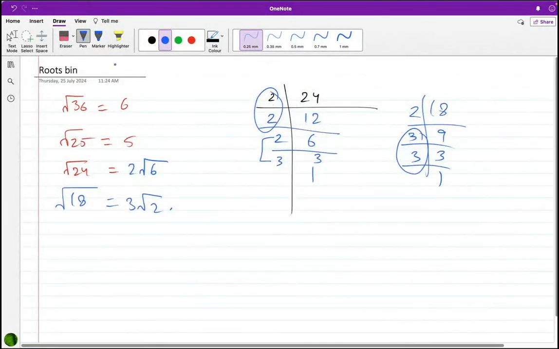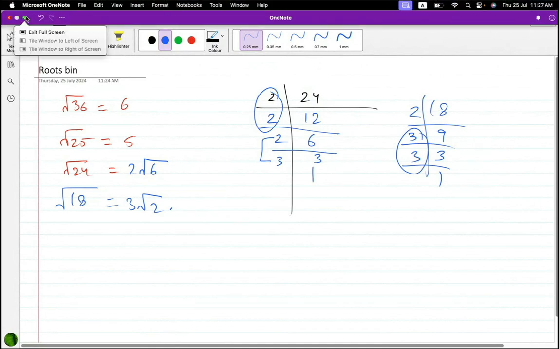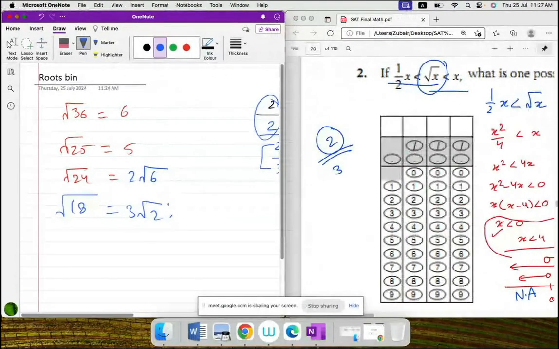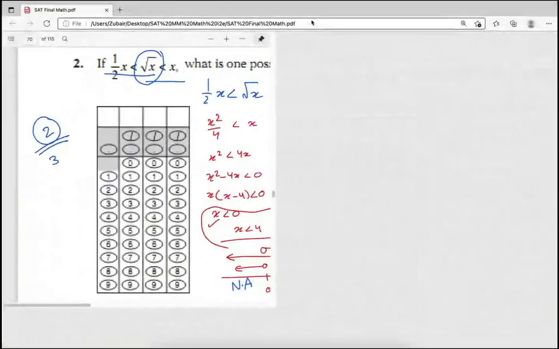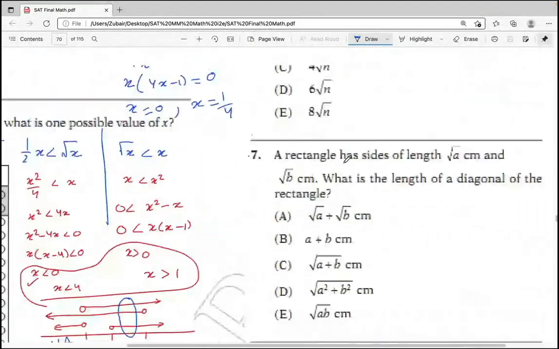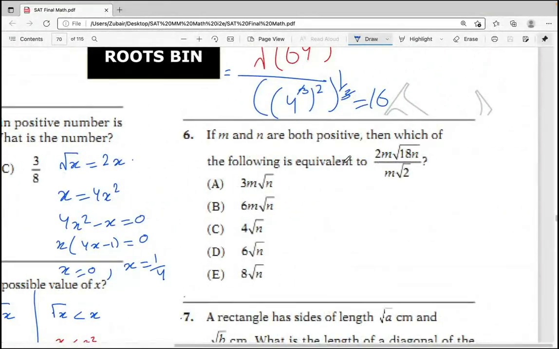So we just have an idea of what this exact form is. When we look at a question like this, if m and n are both positive, then which of the following is equivalent? So I can see that I have to simplify only square root 18. Square root 2 is already in simplified form.